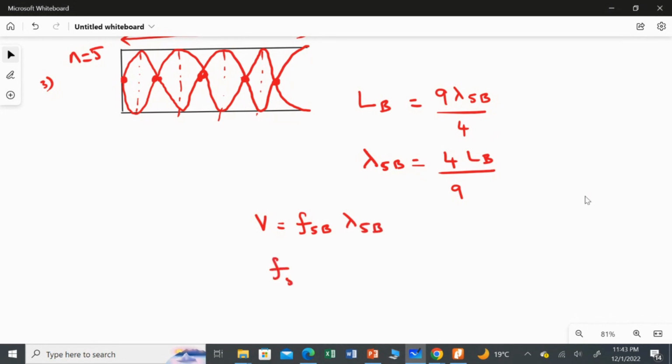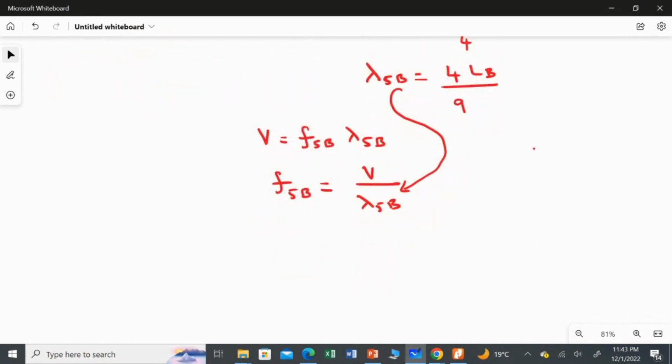Therefore, F5B is equal to V over lambda 5B, and I'm going to substitute the lambda here. If you substitute, what will happen? F5B is equal to V over, this will come here, and this 9 will go to the top, right? So I can write one more step.